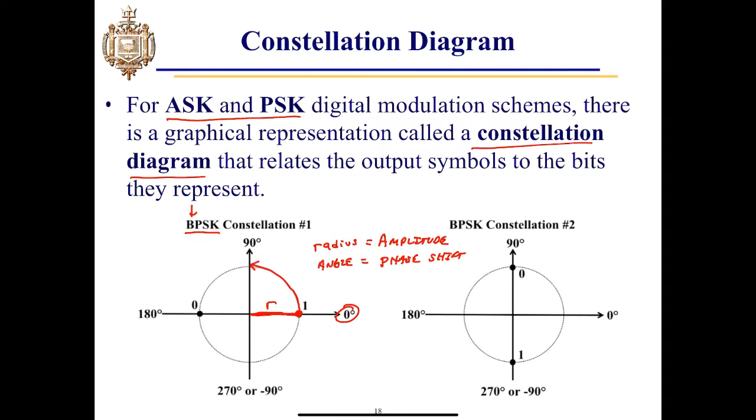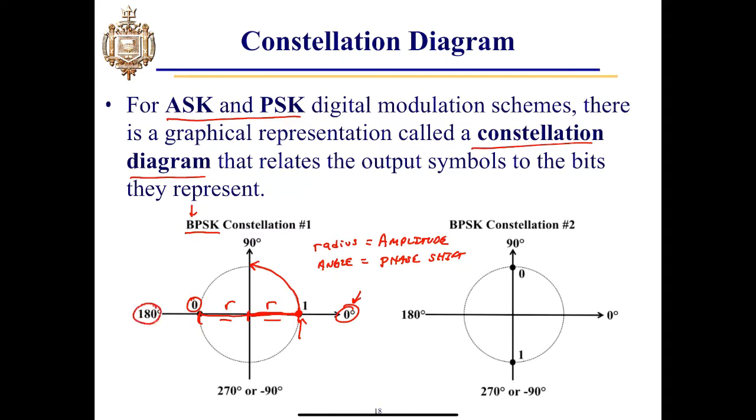If you wanted to represent a 1, it would be at this amplitude, at 0 degrees phase. In this scheme, if you wanted to represent a 0, it would be at the same radius. Notice the distance here is the same distance as here. These are equal: the same amplitude, but at 180 degrees phase.